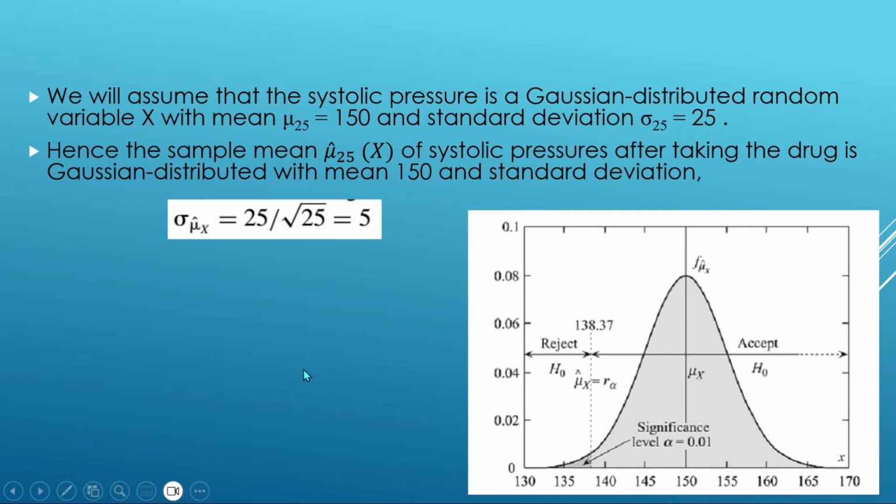Hence, the sample mean of systolic pressures after taking the drug is Gaussian distributed with mean 150 mmHg and standard deviation equal to 25 divided by square root of 25, which is 5.